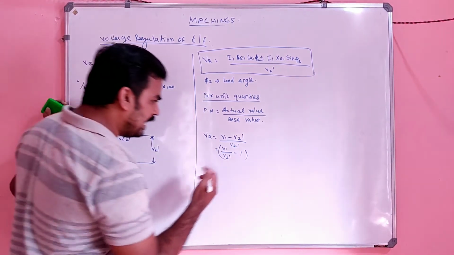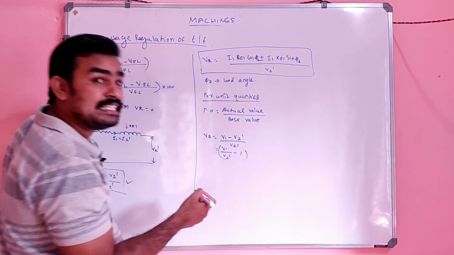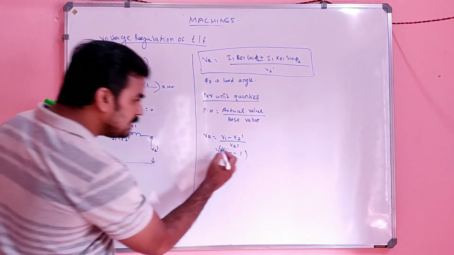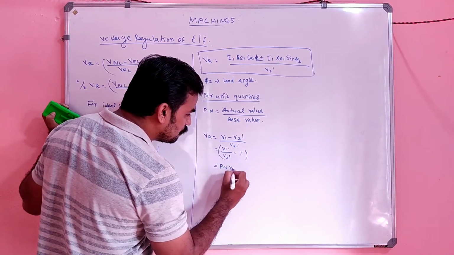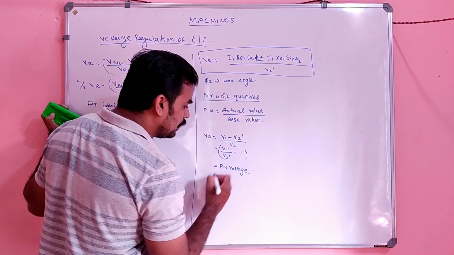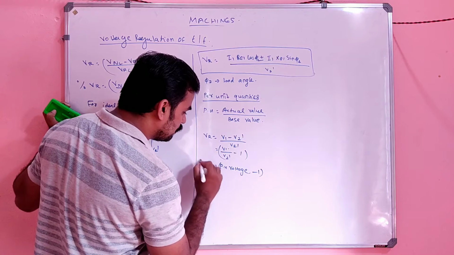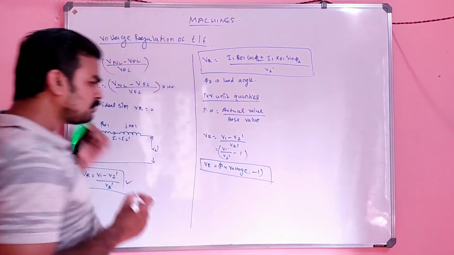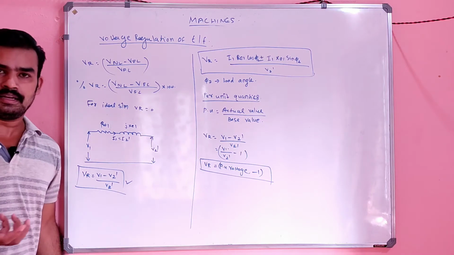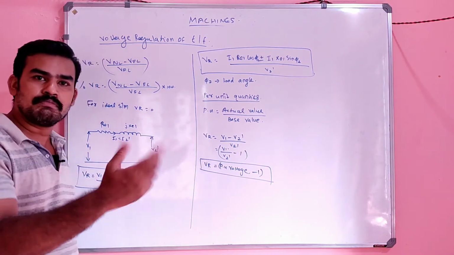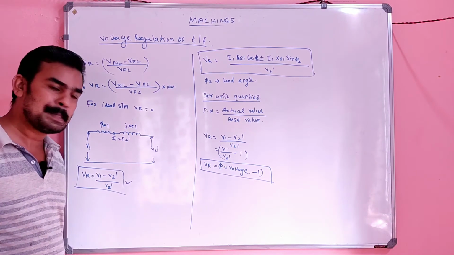If you take V1 as the actual value and V2 dash as the base value, then this numerator by denominator will change into per unit voltage. Per unit voltage minus 1 will be the equation for voltage regulation. So if you have per unit voltage in a question, simply per unit voltage minus 1 will give the regulation of the system. See how easy it is.